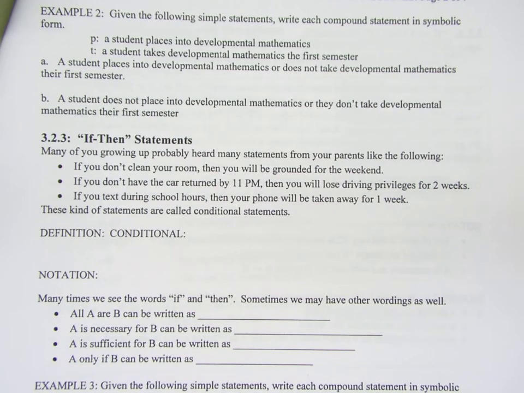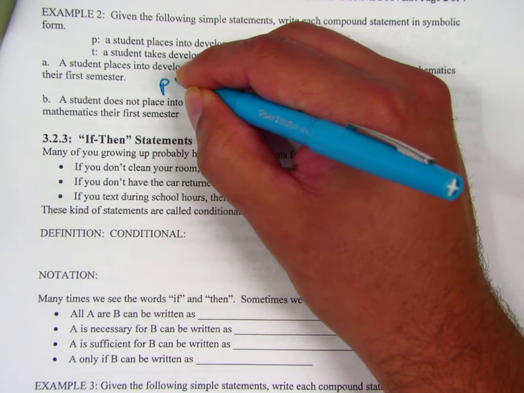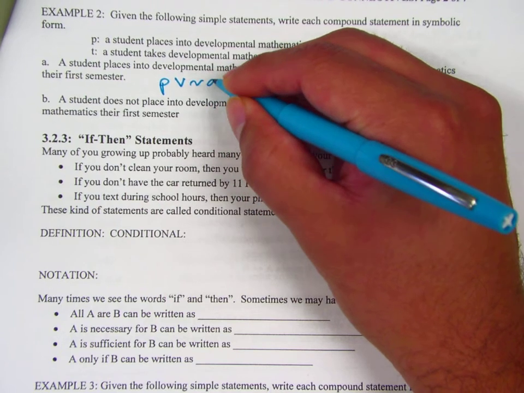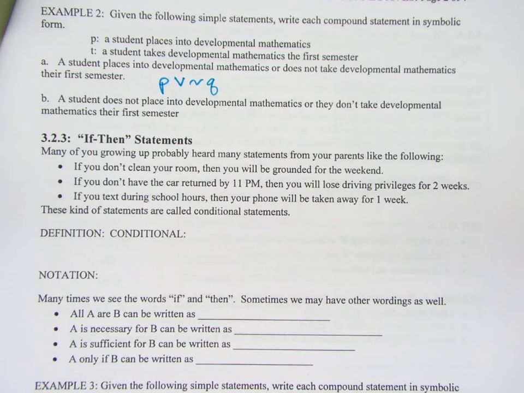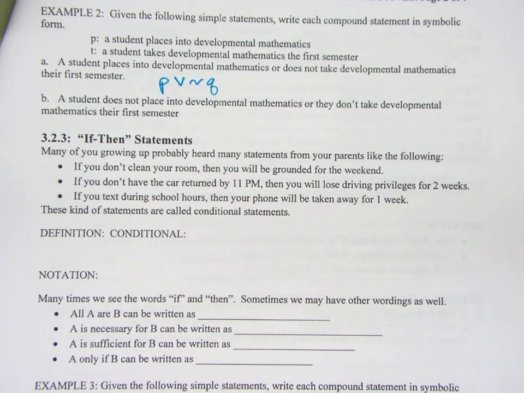Okay. Like little p, so P or, the tilde, and then not Q. Okay. Very good. It's fine, I know what you meant. Again, you could just say P or not Q. That's how you translate that.